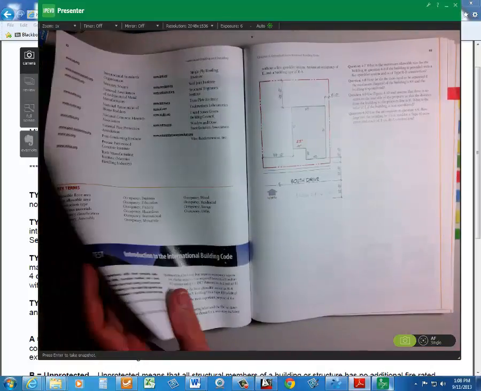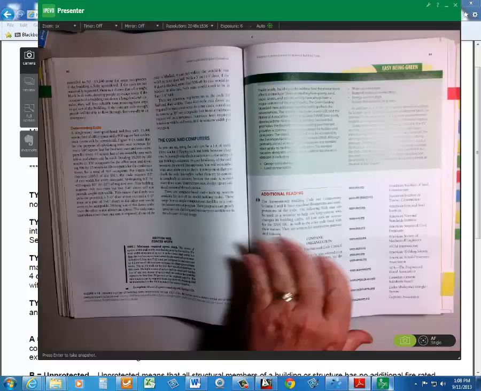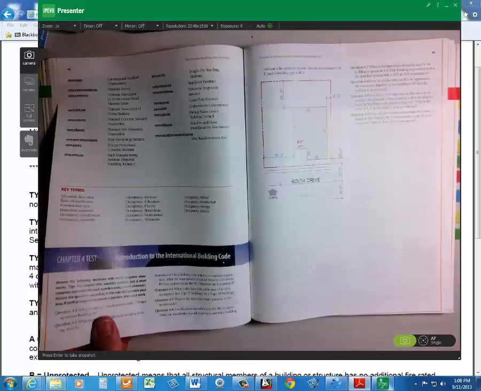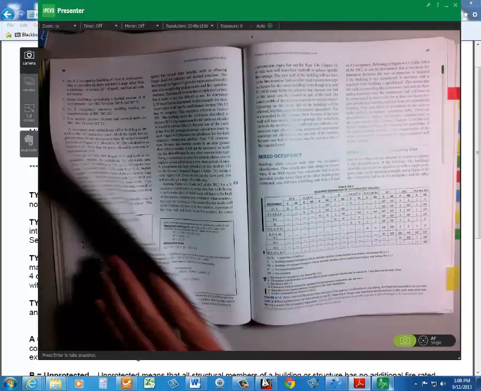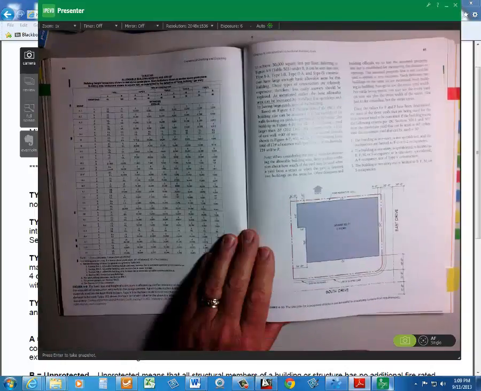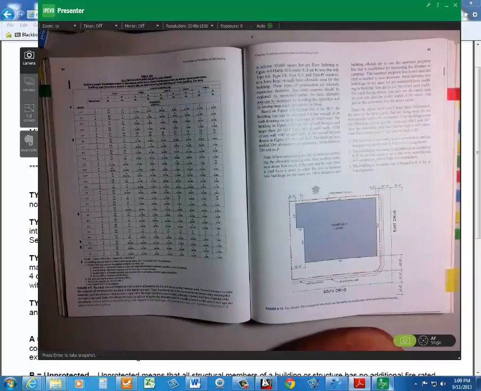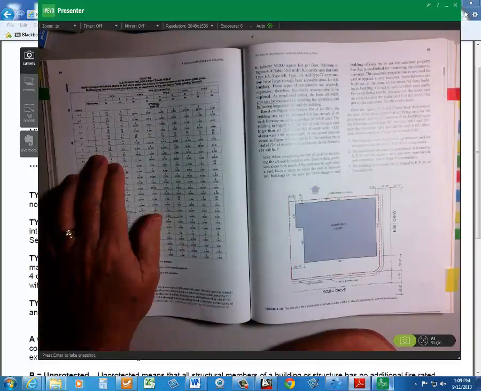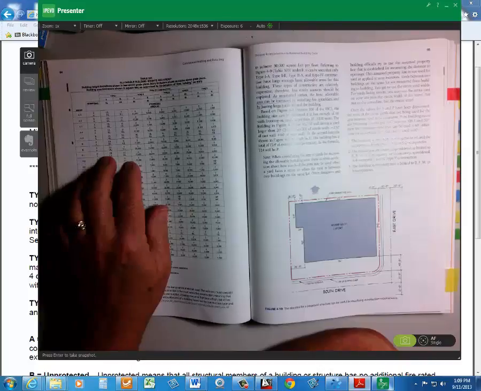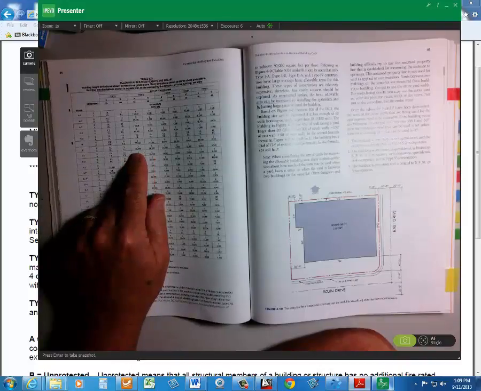Okay, so let's look at that chart. So we're looking at area, right? Go back to that old table we were in a while ago. Heights and areas. So it's an E, right? Type 2A, right?